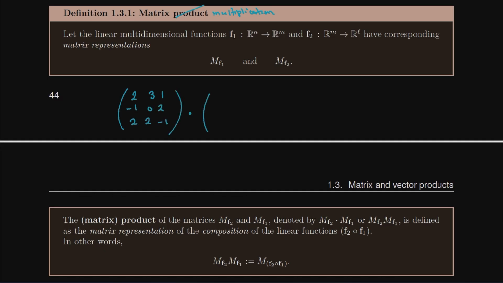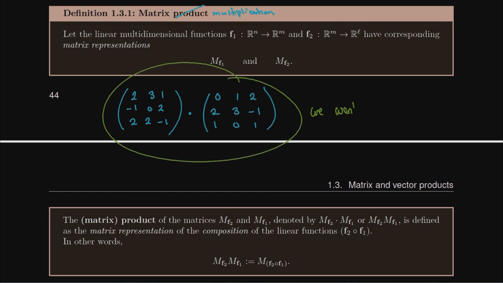If we were to multiply two matrices, maybe 0, 1, 2, 2, 3, negative 1, 1, 0, 1, somehow we want this multiplication to capture the action of function composition. So even though we're calling it a multiplication here, we want it to capture the action of a function composition. And so how do we actually define it?